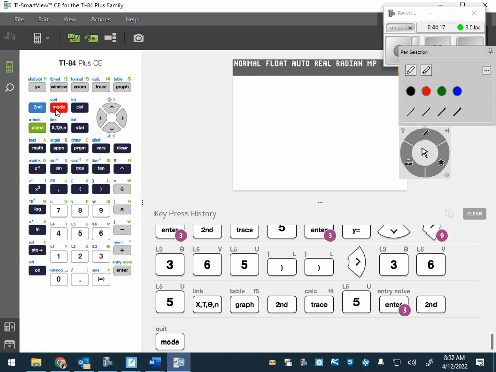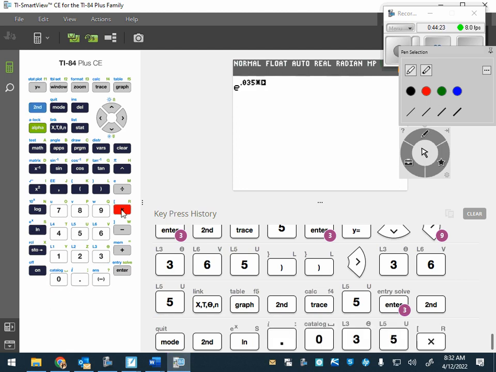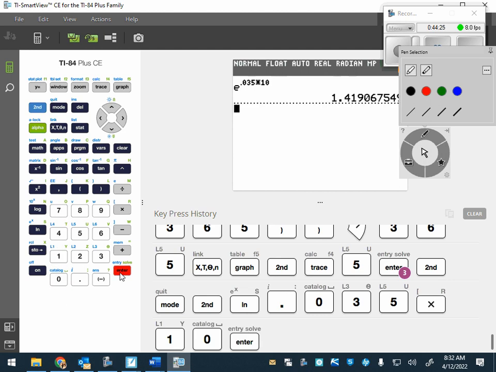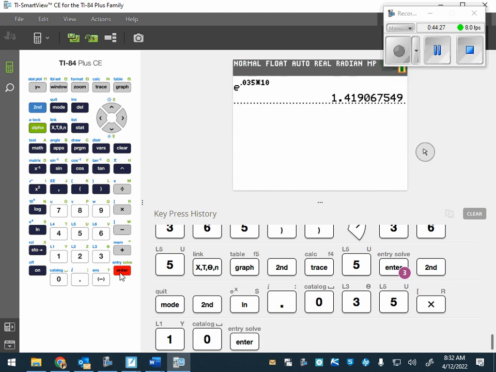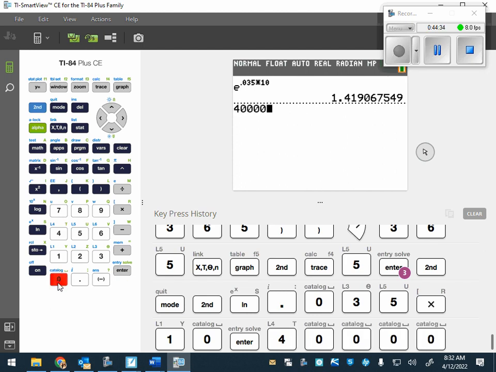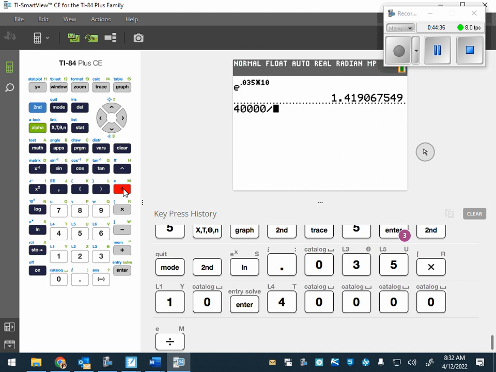If we do second ln 0.035 times 10, get a value, okay? Then do 40,000 divided by, to copy and paste that answer, second, it's the negative sign, copies it over, okay?